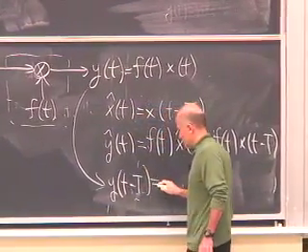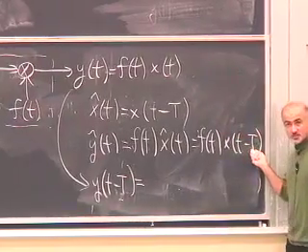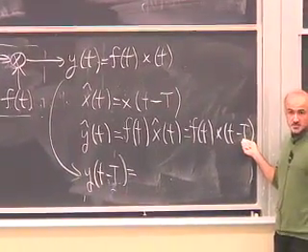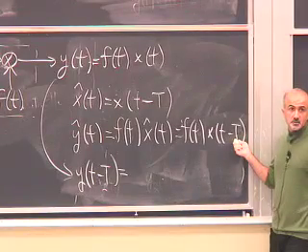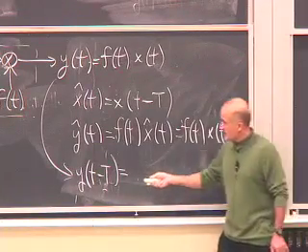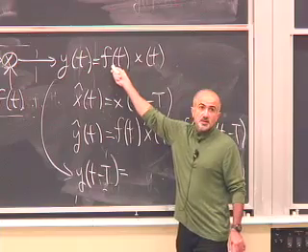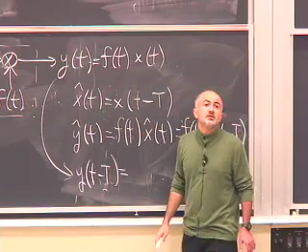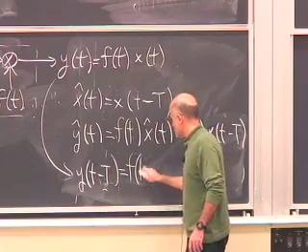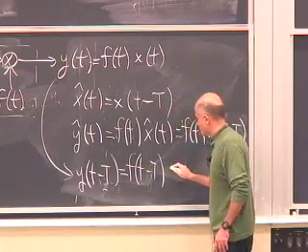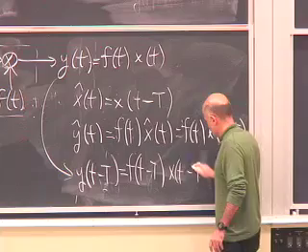Now when you look at y, shift y. If you get the same answer, then the system is time invariant. If you don't get the same answer, the system is not time invariant. So what do you get, Max? What happens when I take y and I shift it? You shift both the f and the x.